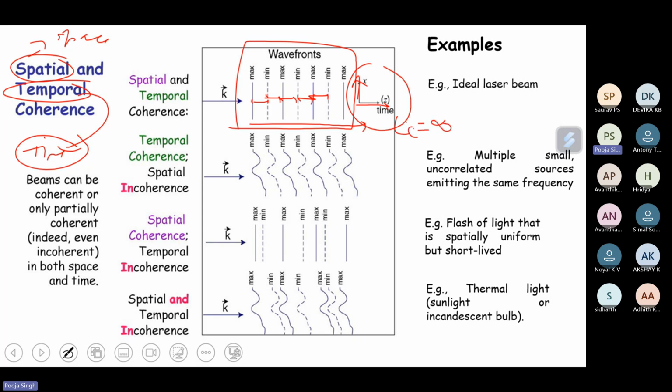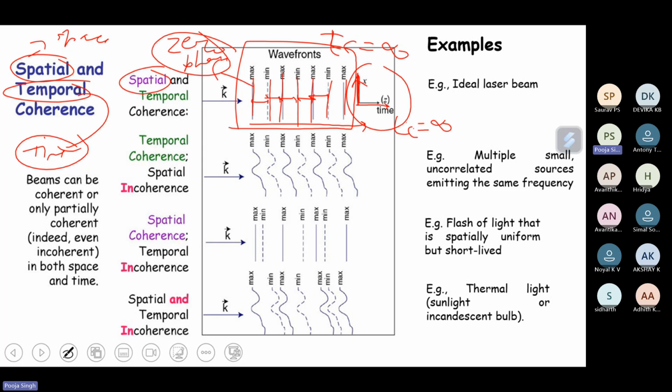When we talk about the spatial axis, the y-axis, the space, you can see all the waves are parallel and at zero phase, and it is infinite also. So the coherence time, tau c, is also infinite.